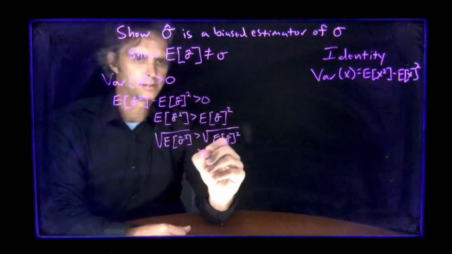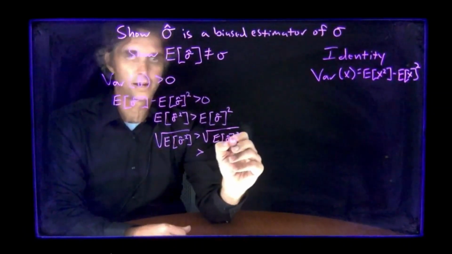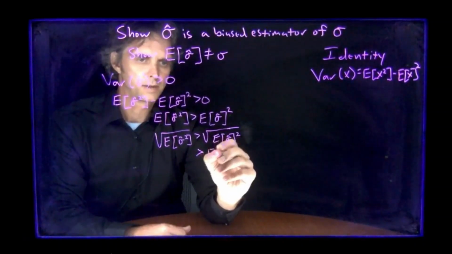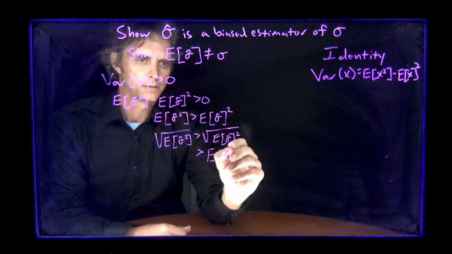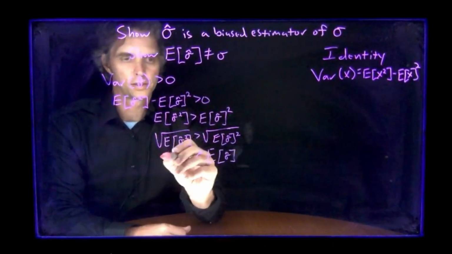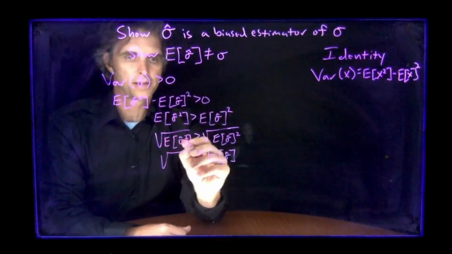Well, that side's easy. Let's start over there. The square root of the expected value of sigma hat squared is just the expected value of sigma hat.